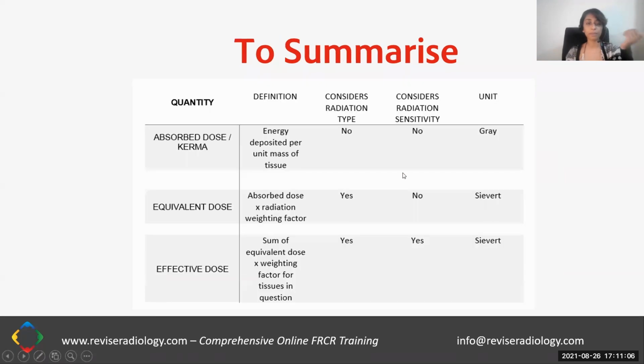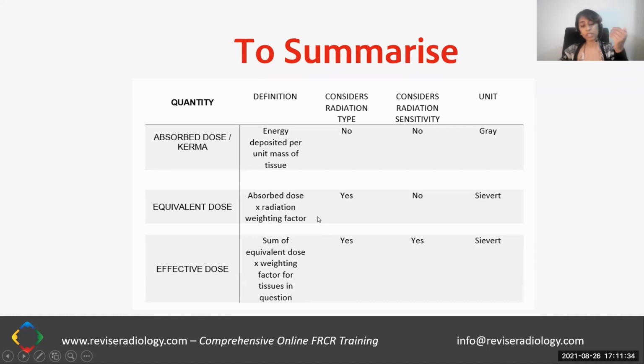Let's keep moving. Just to summarize what we just discussed, the absorbed dose or the KERMA is the energy deposited per unit mass of tissue, and it does not consider radiation type, and it does not consider organ radiation sensitivity, and the unit is the gray. The equivalent dose is the absorbed dose multiplied by the radiation weighting factor. It does consider the type of radiation and the difference in its effect on the body, but it does not consider the separate radiation sensitivity of the organs, and it's measured in sievert.